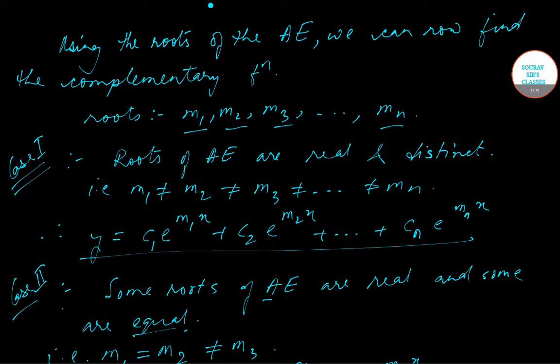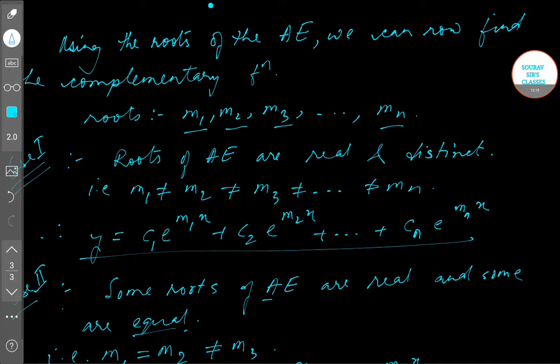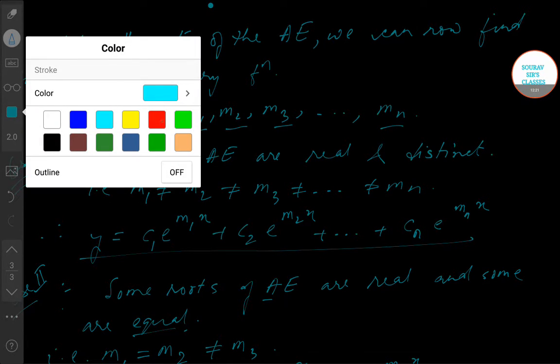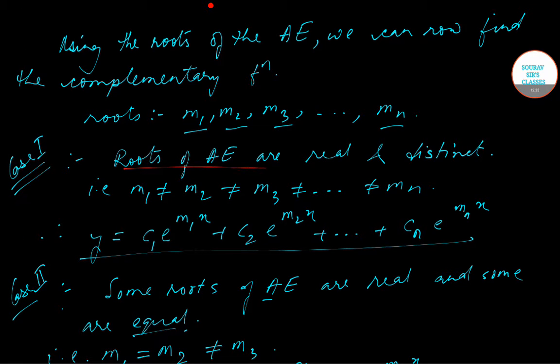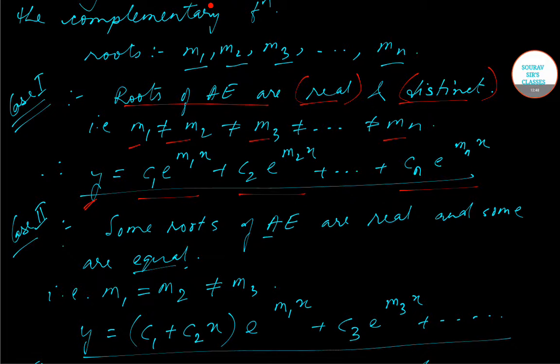If the roots are real and distinct, such that m1 is not equal to m2, m2 is not equal to m3, m3 is not equal to mn, in that case the complementary function y will be equal to c1 into e to the power m1x plus c2 into e to the power m2x plus cn into e to the power mnx. This is case 1.